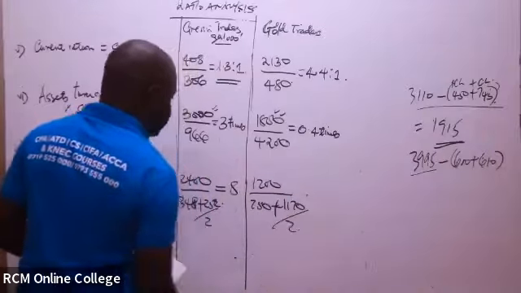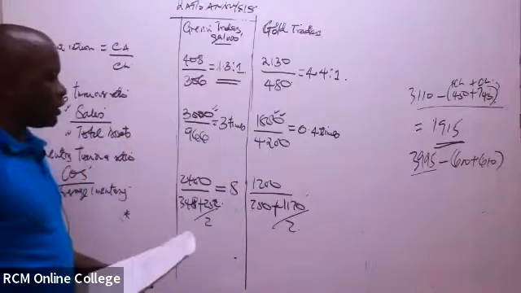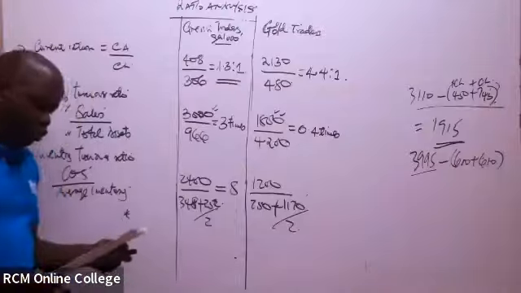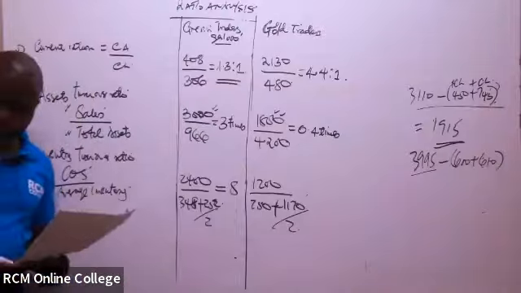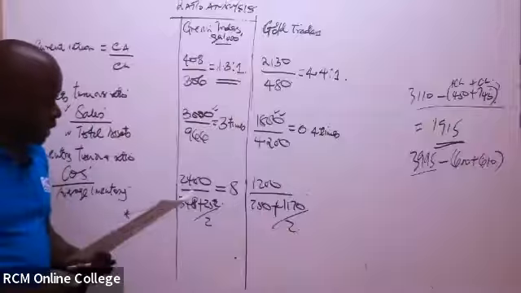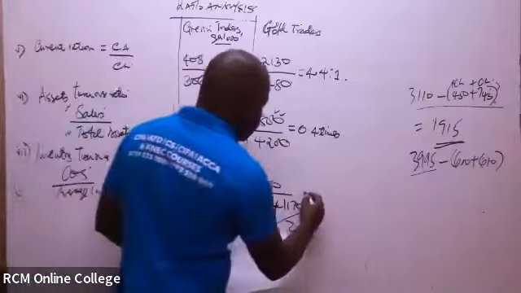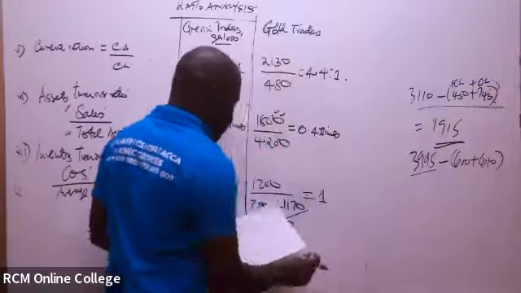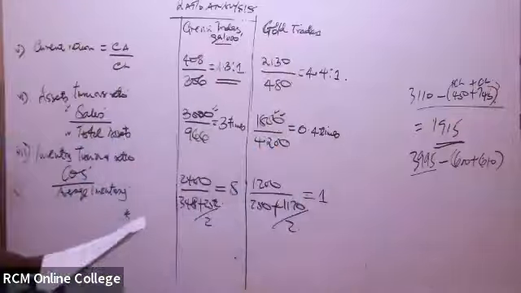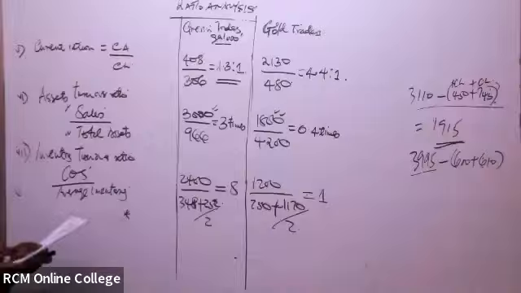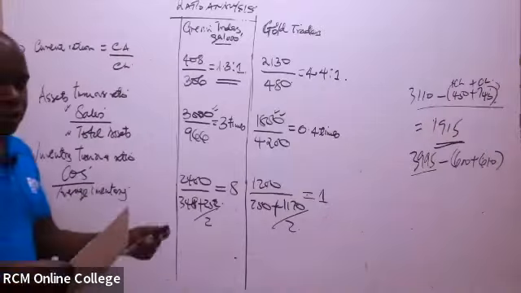What about here? 1,200 over 750 plus 1,170 over 2. You're getting 1.25. So in green traders, they are turning the inventory more.